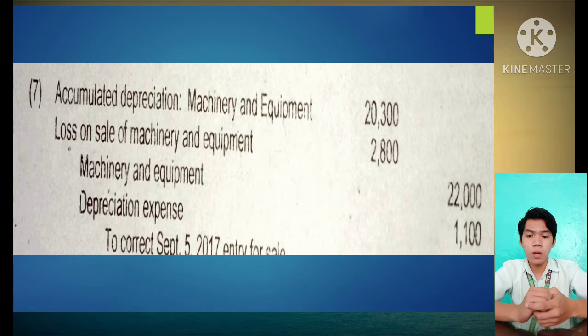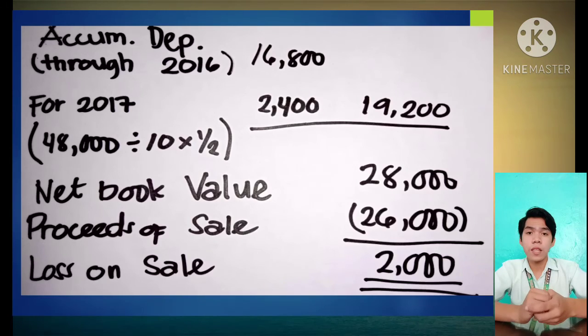We come up with this by cost of 48,000 less accumulated depreciation for 2009 through 2016, which is 16,800, and less accumulated depreciation for 2017, which is 2,400, because originally the annual depreciation expense is 4,800, but due to the company's policy to take half year of depreciation, you will only have accumulated depreciation of 2,400.